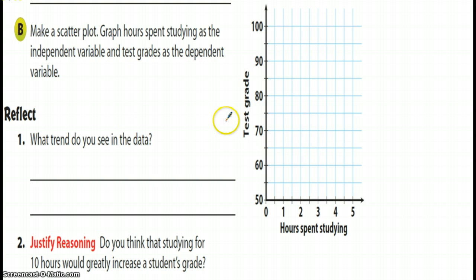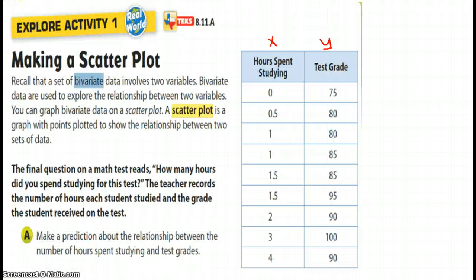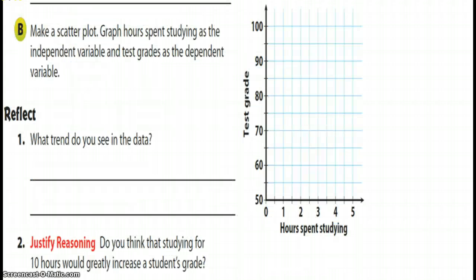So here you want to go ahead and pause and create your points. Remember that the first point was 0 and 75. So you want to go on your x-axis, go to 0 and up to 75, and you put a point.